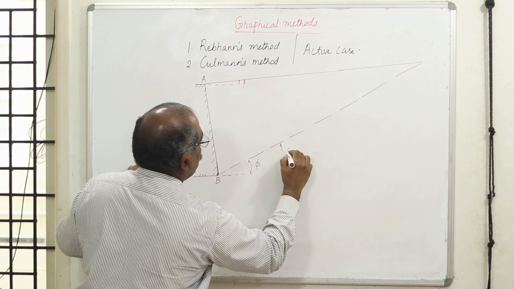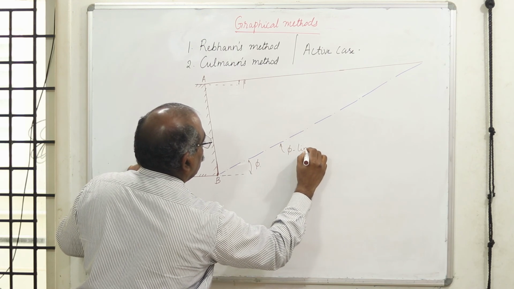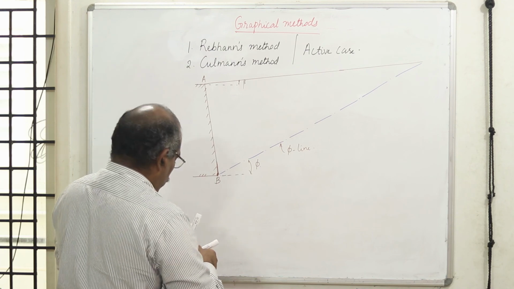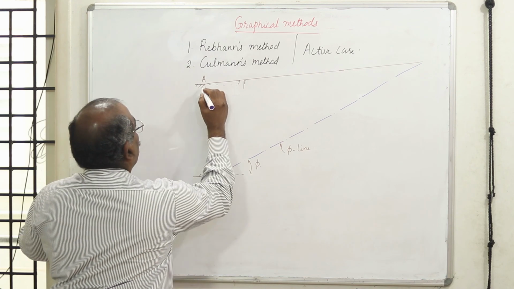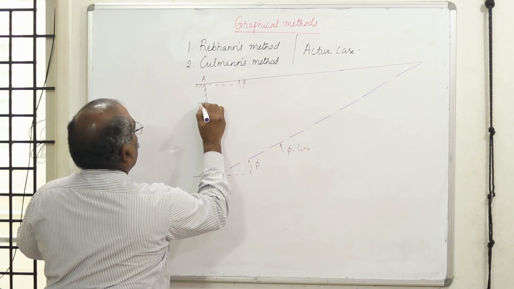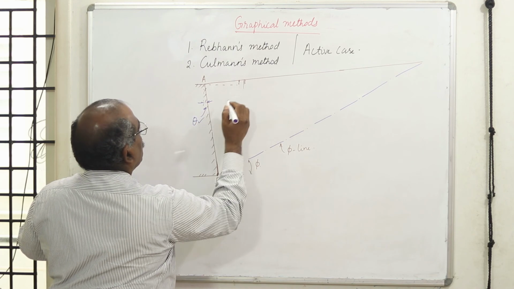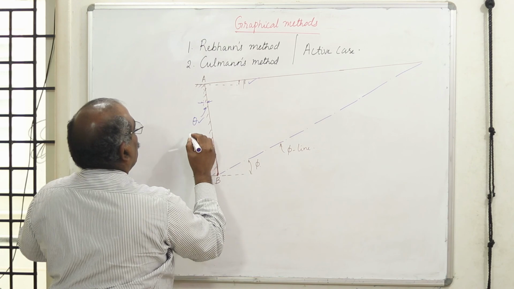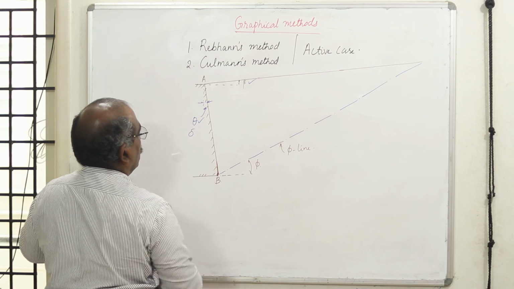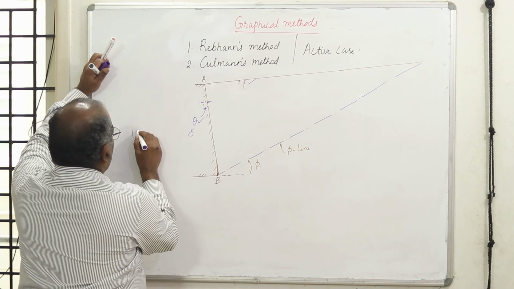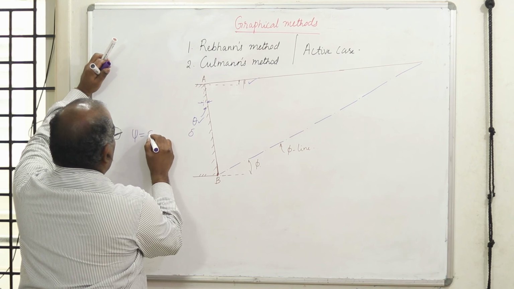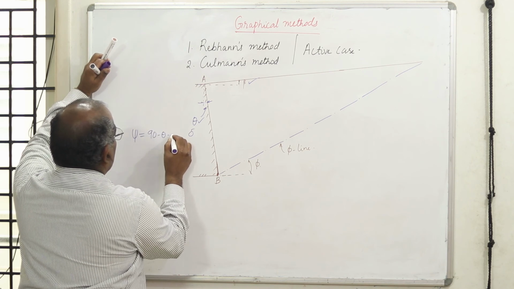This is called the phi line. From the information available here, I know theta, I know beta, and I know delta. Delta also will be given. Therefore, I can find out psi. Psi is equal to 90 minus theta minus delta.